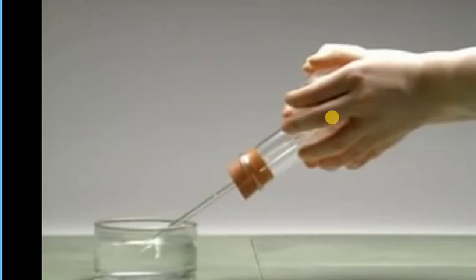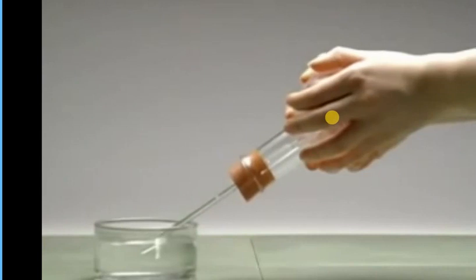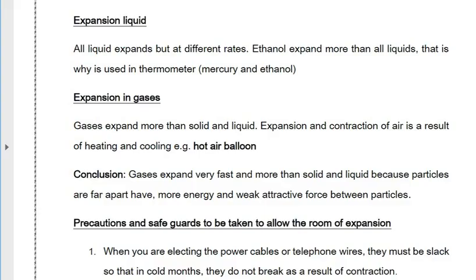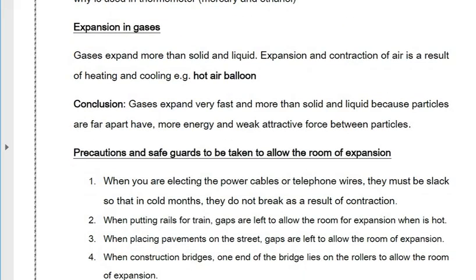That's why it's going out into the water. You can see the bubbles as it goes out, right? And then when you put a cold cloth on it, it starts sucking in because the gas inside the flask is now contracting, which means there's more space which can be occupied.